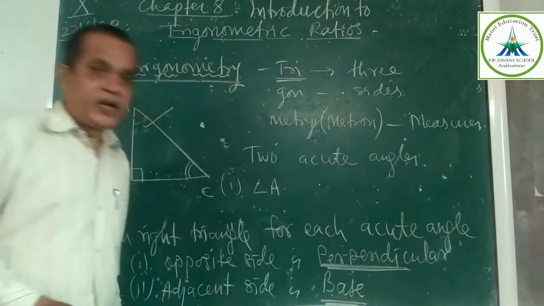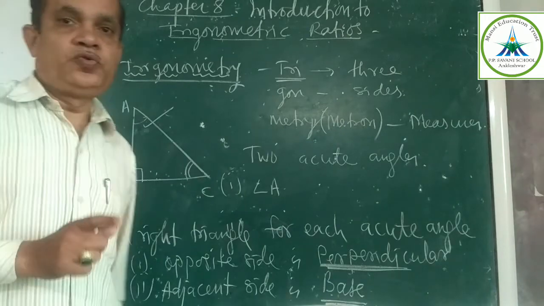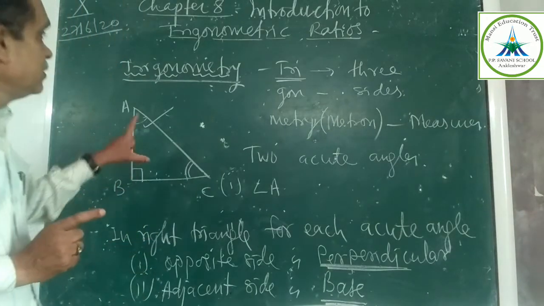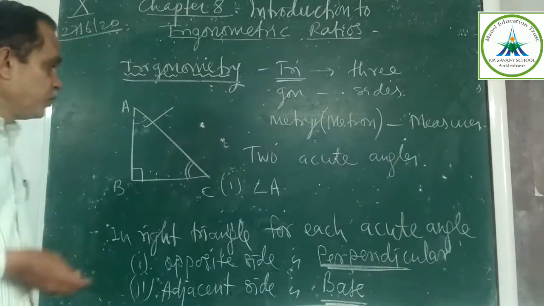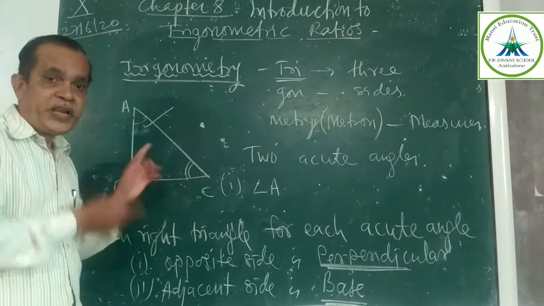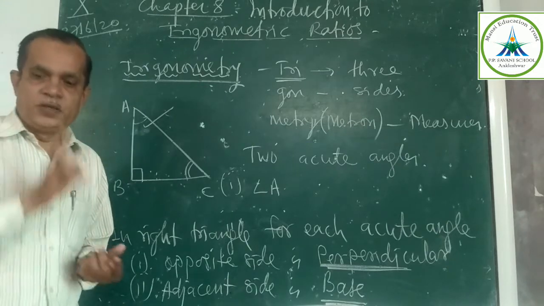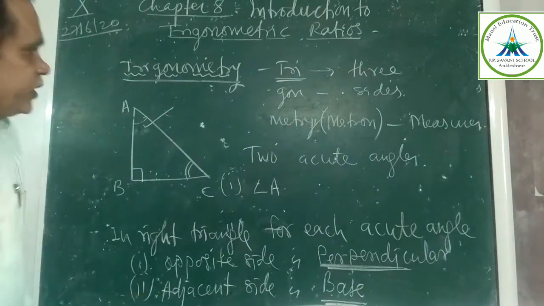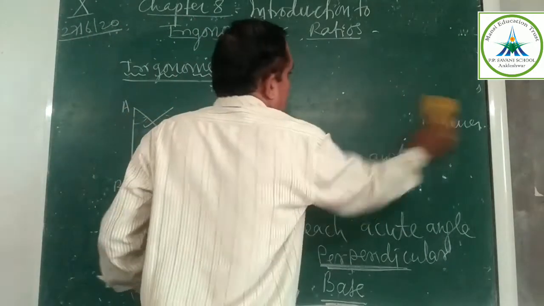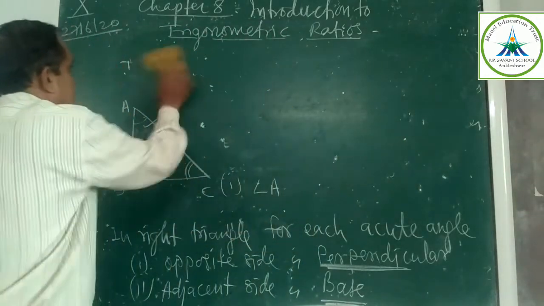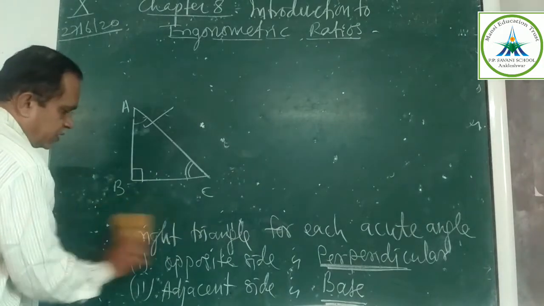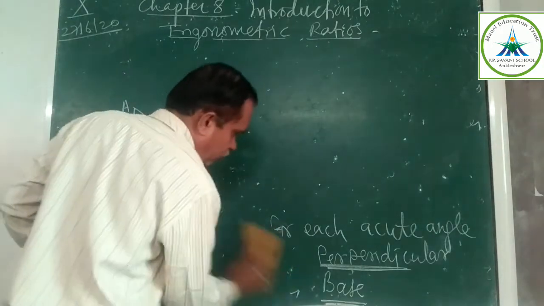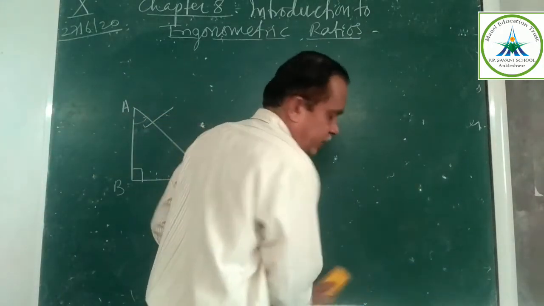These two words, perpendicular and base, are essential to know very clearly in trigonometry. Got it? Now we will see how many ratios are possible. Right? Very good. Now students, look here. The importance of perpendicular and base is very clear. Fine, now I am taking one.